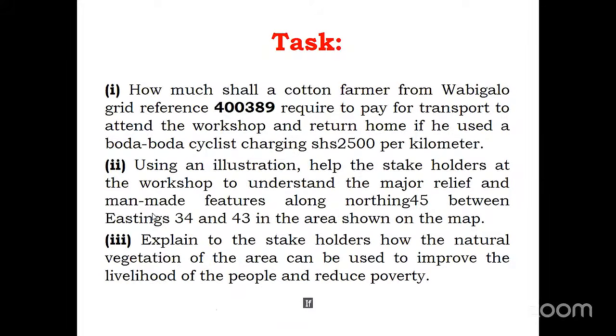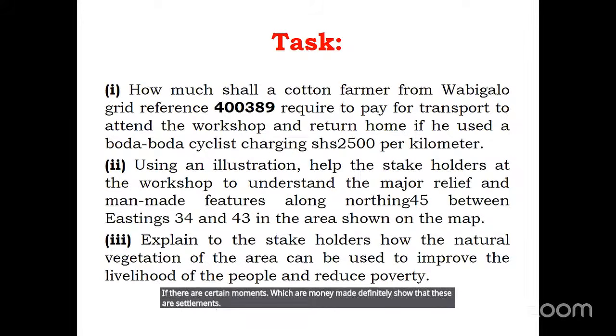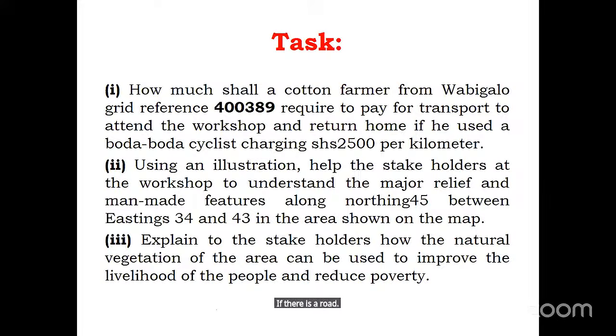If there are settlements which are man-made, definitely show that these are settlements. If there is a road, call it a dry weather road. Let the person understand. So this understanding means mark and label. We move on.